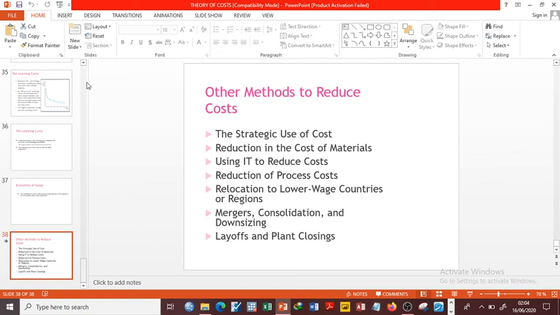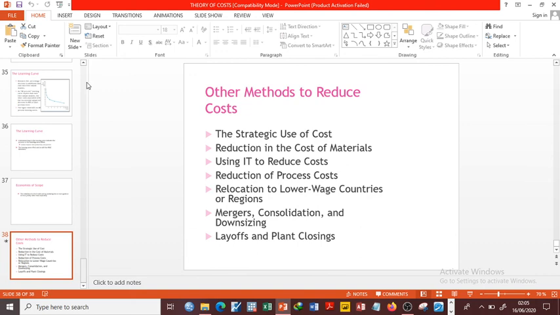Then reduction of process costs. If, for example, you reduce the costs that are incurred in the production process, it could be that you need machines in the production process, but instead of these machines, maybe you can use human beings to reduce the costs.